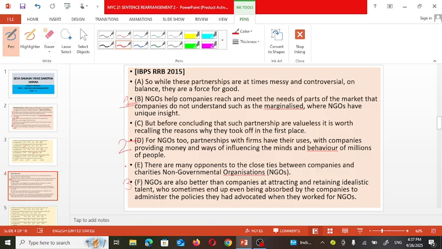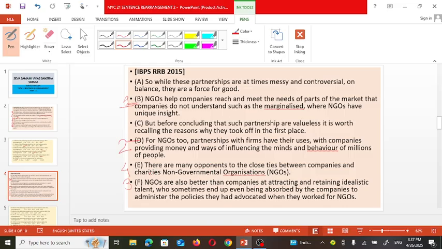Now, after this, the fourth statement can be E, because E tells us about the opponents of NGOs and the companies, for which the above statements give the idea. See here, there are many opponents to the close ties between companies and charities, non-governmental organizations.